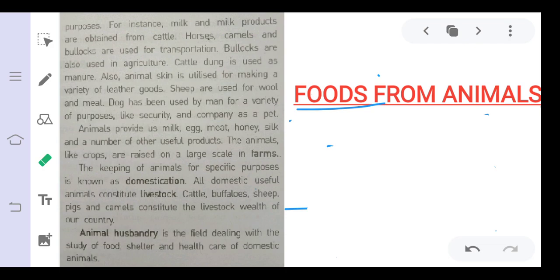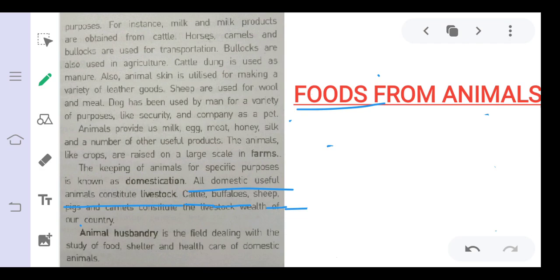Here it is written that the keeping of animals for a specific purpose is known as domestication. Domesticated animals, or domestic animals, are present in our homes. All the useful domestic animals are called livestock, like camel, buffalo, sheep, pigs, cows.